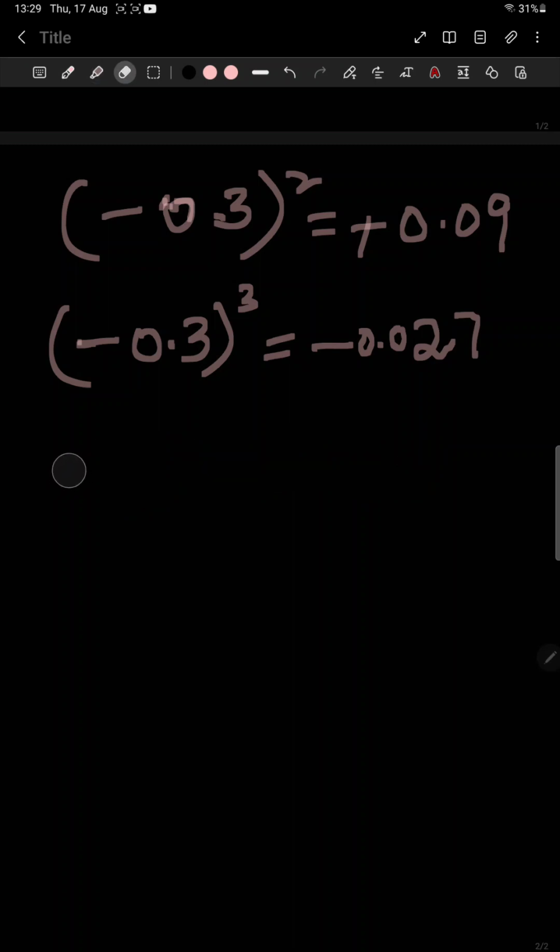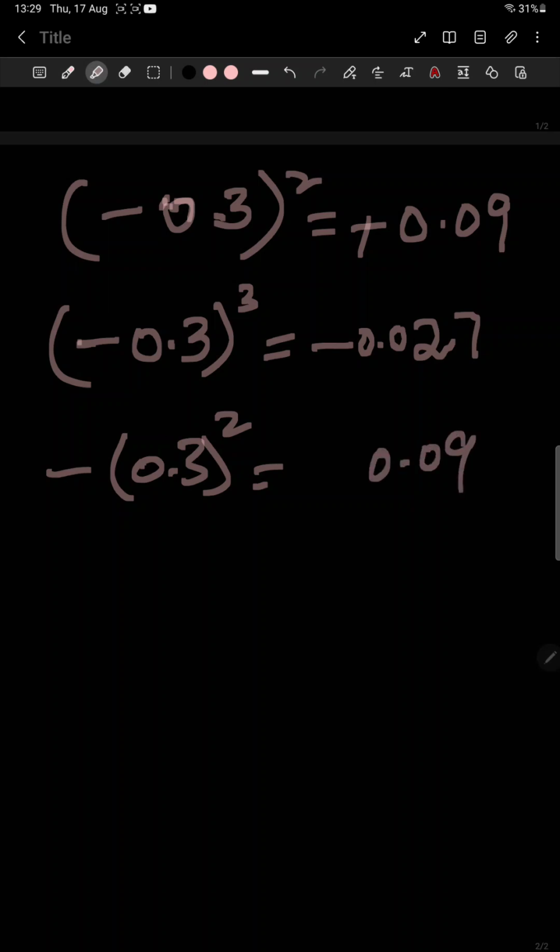In case our negative sign is outside the bracket and the number is 0.3 squared, then the number will be 0.09, but this negative sign will come along with it because it is not squared. If the number over here is minus 0.3 cubed, what will be the answer?